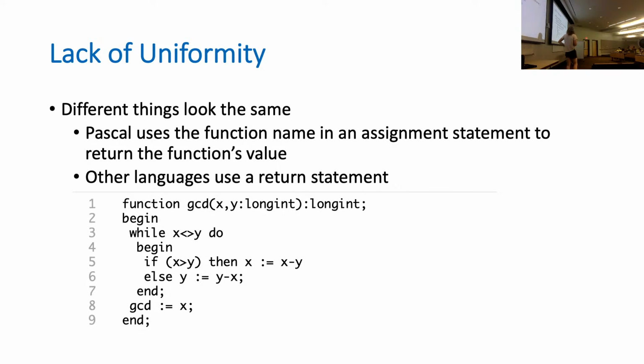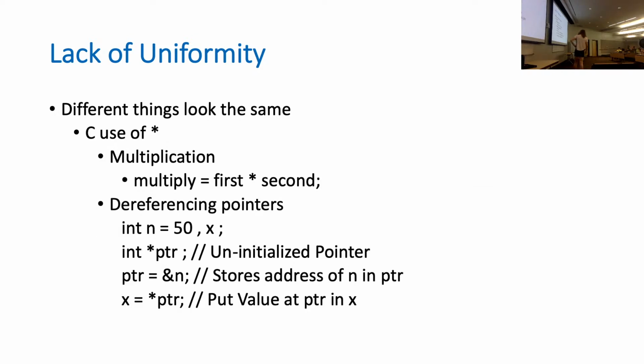You have a return statement here, and yet you would have to make a call to GCD to do a recursive call. Right? So what's the difference between a return statement and a recursive call? Different things look the same. Yikes. There's a reason this isn't a common thing anymore. This is bad. I don't know why Pascal did that.